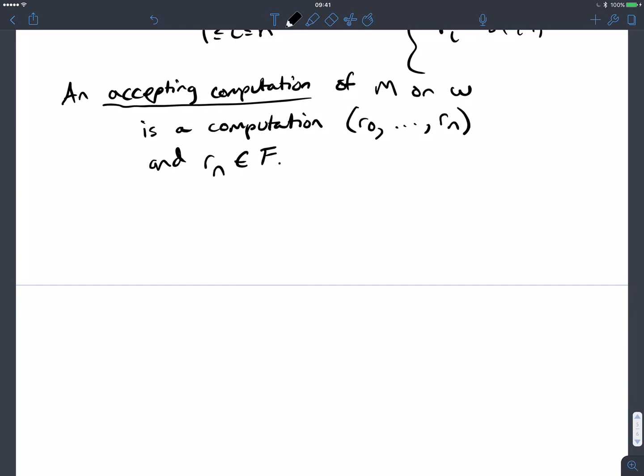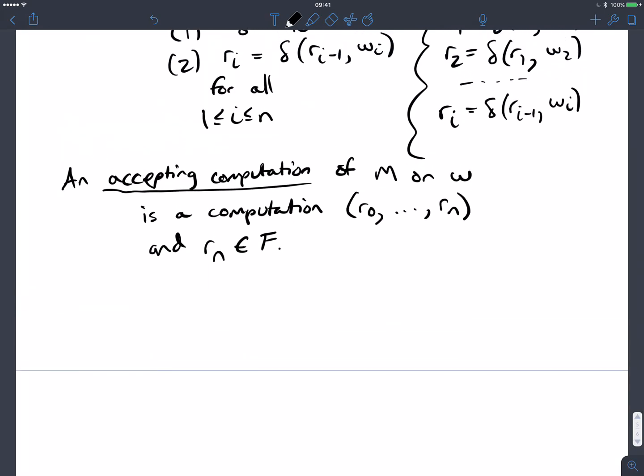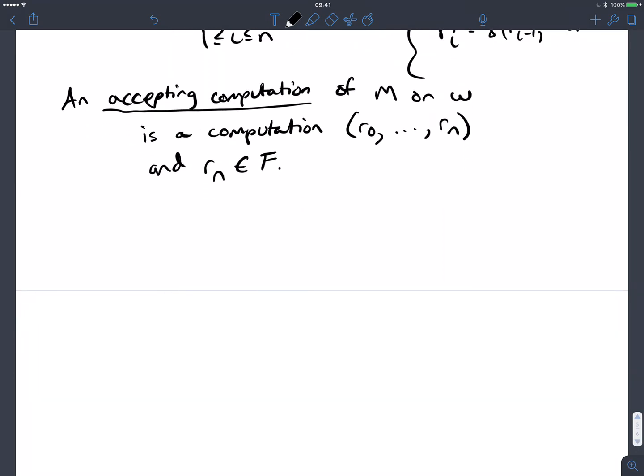Okay, so as I said, we may want to talk about the strings that are accepted by this machine, like in the previous unmodified example, the things that have odd length. So now we will define the language of a machine.